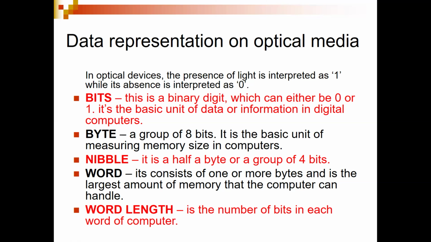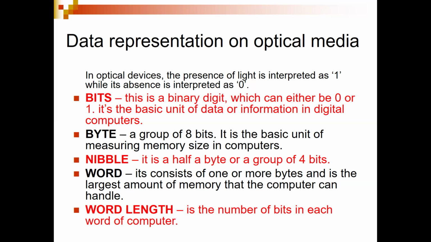So the word bit is actually an acronym derived from BI for binary, and then the very last T that we have in the word digit. And it is actually the smallest unit that we can use to represent data in a computer.